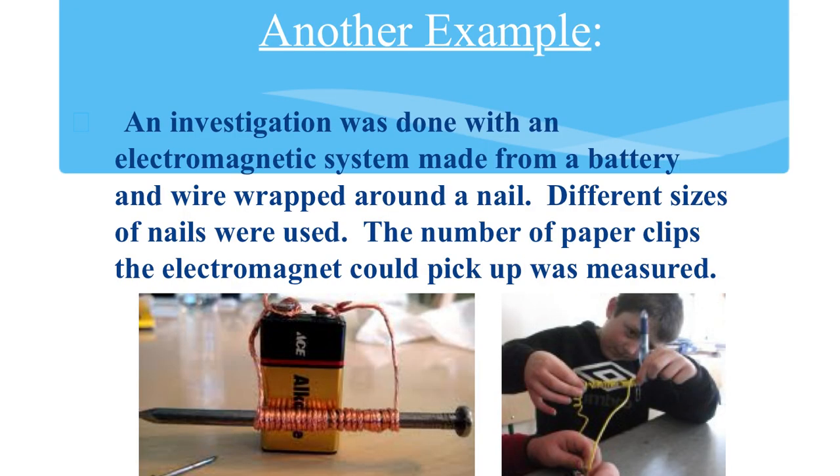So here's another experiment, a physical science experiment. If you have a wire and you connect that wire to a power source like a battery, electricity will flow through it and produce a magnetic field.